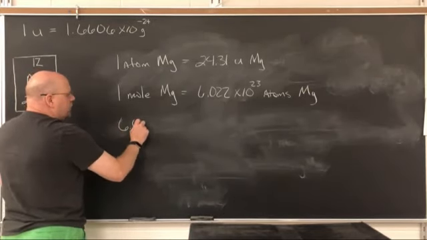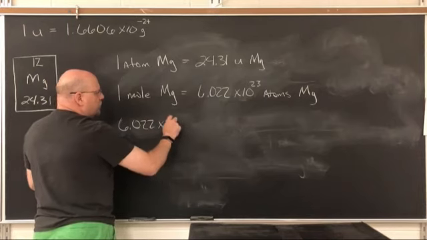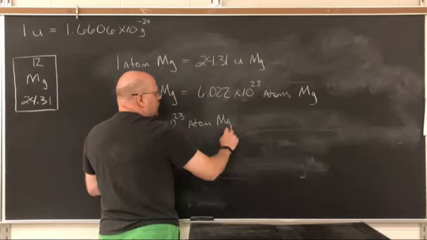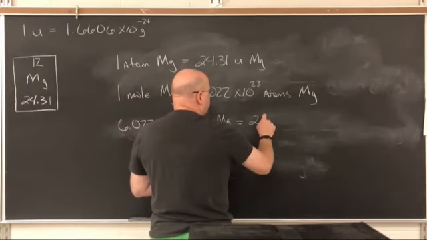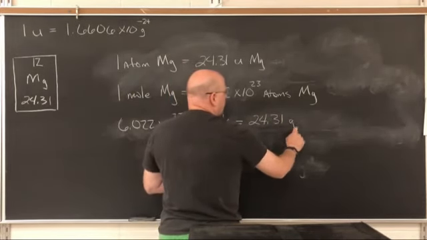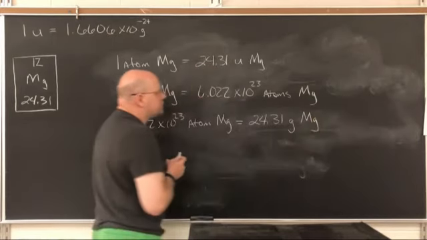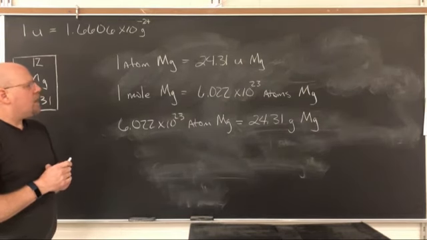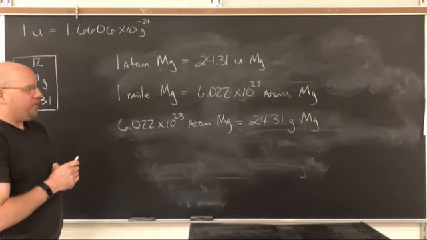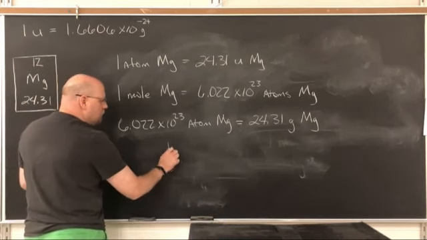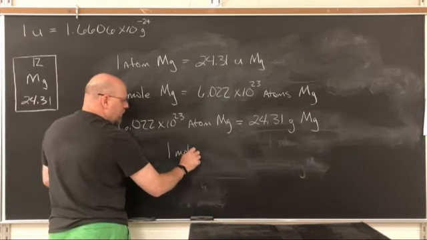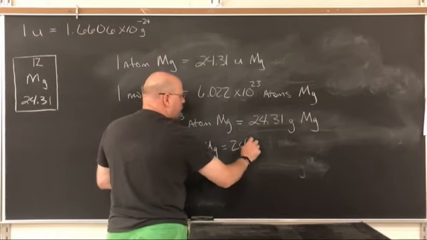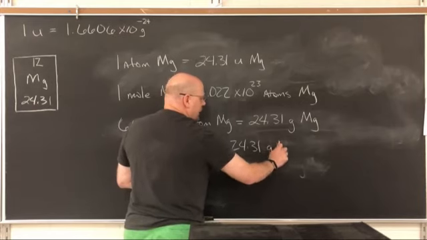We know that 6.022 times 10 to the 23rd atoms of magnesium is equal to 24.31 grams of magnesium. And by default then, we know that 1 mole of magnesium will equal 24.31 grams of magnesium.